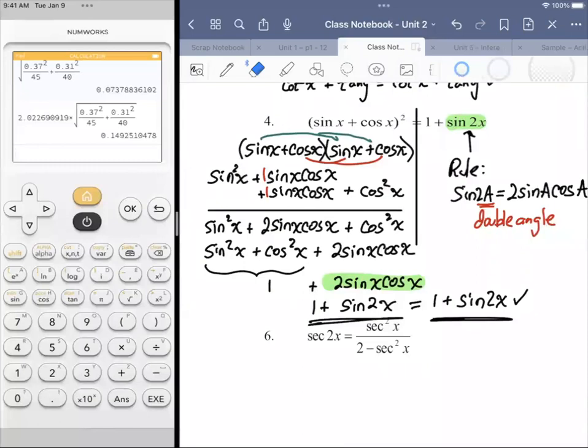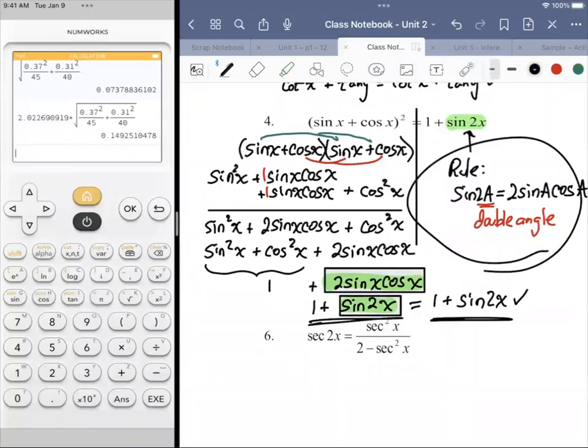Sine of 2x. So what I did here was I took this and replaced it with this based off of that rule. All right, this rule over here. Oh, okay. I guess I need to write that down. I didn't see that part. Okay. Sine. Oh, okay.